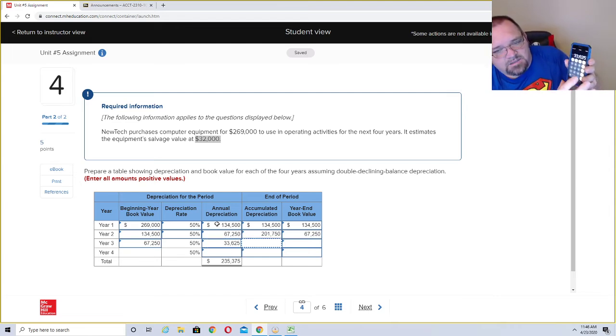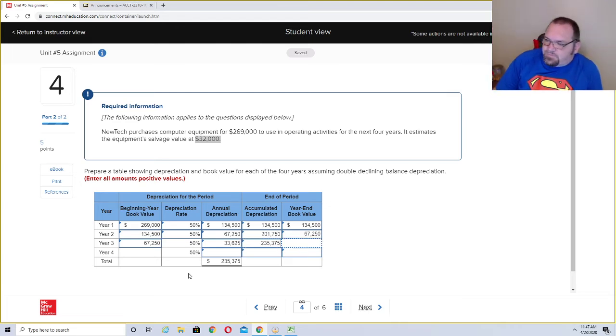We're going to add that to our new accumulated amount, plus the 201,750. So now in accumulated we have 235,375. And our end of the year book value is the cost of $269 minus the accumulated of $235,375, which is $33,625.